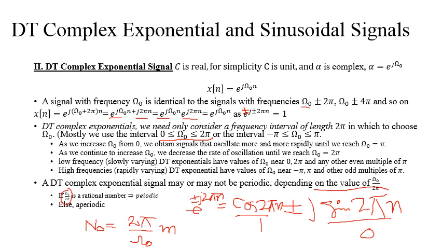So meaning to say, if this results in a rational number, only then we say the discrete time signal is periodic, right? So you understand, for the case of continuous time, the only condition for the period is to be positive, whereas in the case of the discrete time signal, the period should not only be positive, but it should also be an integer.